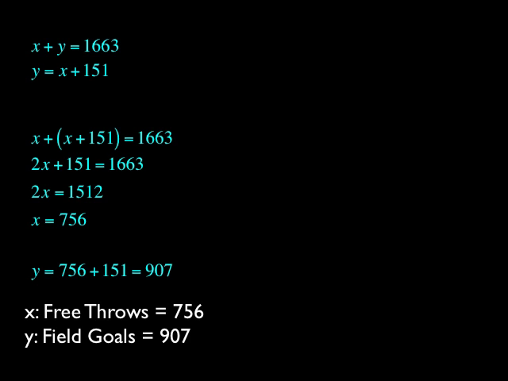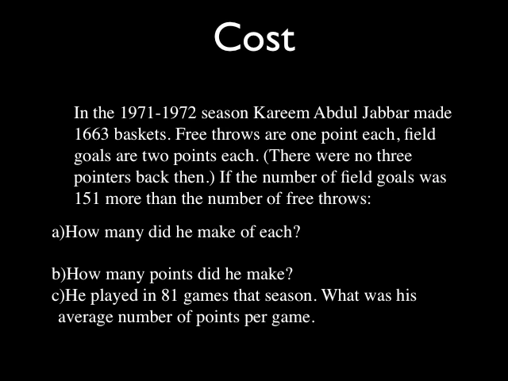So let's see how that starts answering our questions. How many did he make of each? Okay, he made 756 free throws and 907 field goals. How many points did he make? Now this is the first time that we think about going shopping. And maybe, okay, we're not thinking about going shopping, but it's the same concept that we illustrated earlier. We know that each of those free throws is worth 1 point.